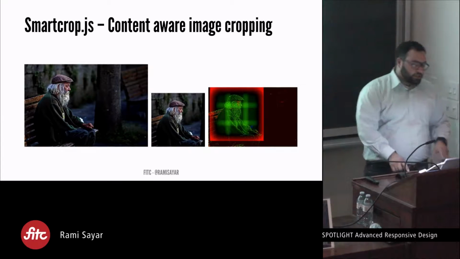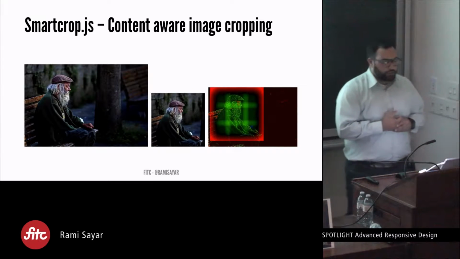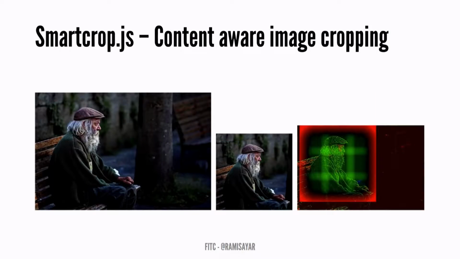So this one is really awesome. It's called Smartcrop.js, and it's a JavaScript library that you can run both on the backend inside Node and on the browser front end. And the way that it works is really interesting. It's a little bit sketchy in the sense that it doesn't always produce perfect crops, as you'll see from how the tool works. And this is a problem with computer vision in general.